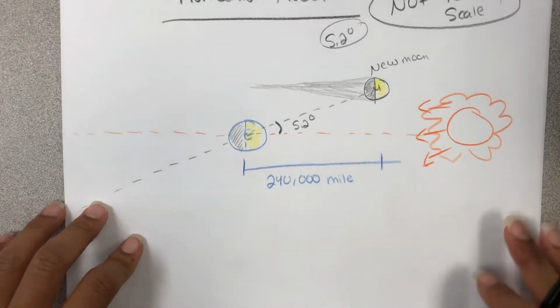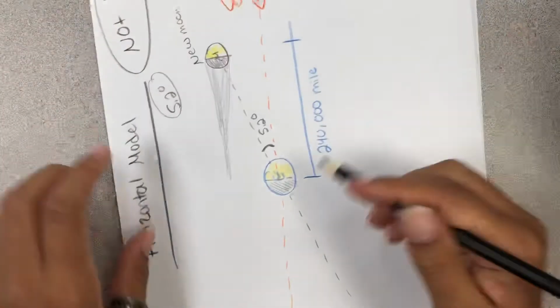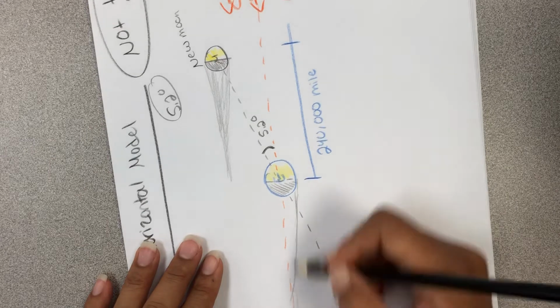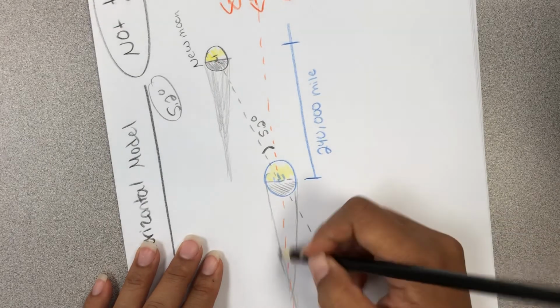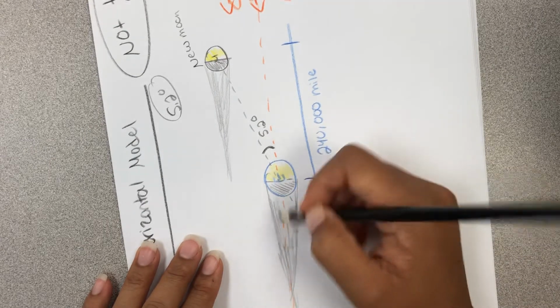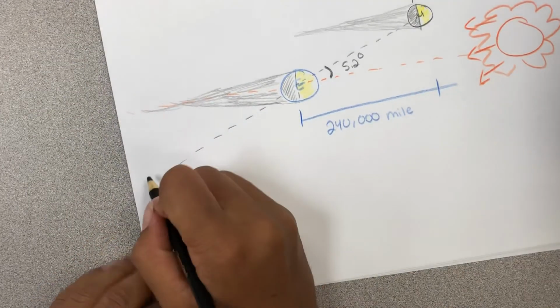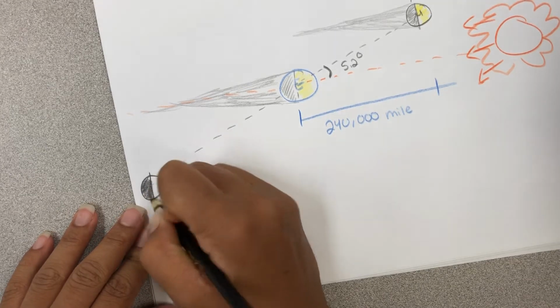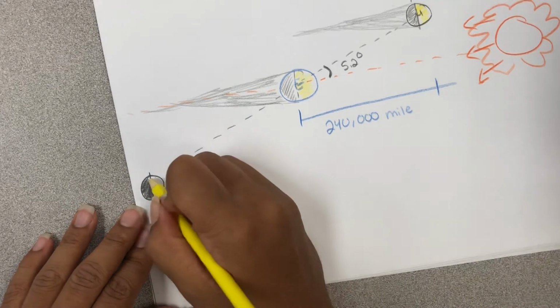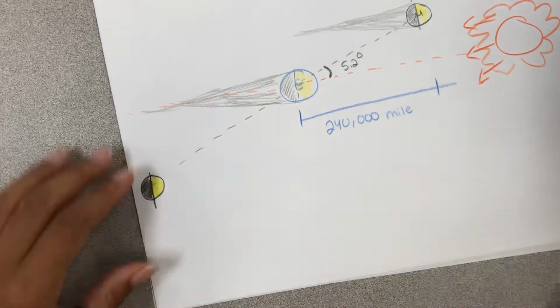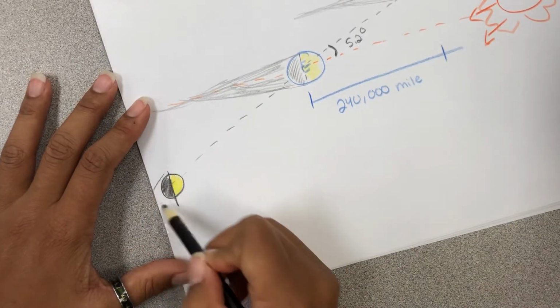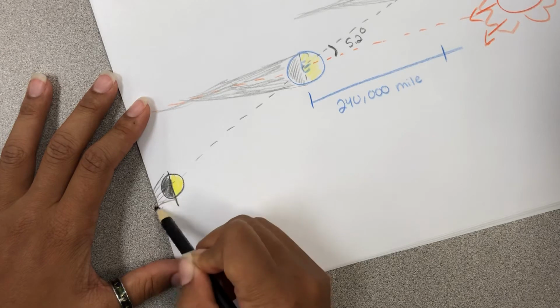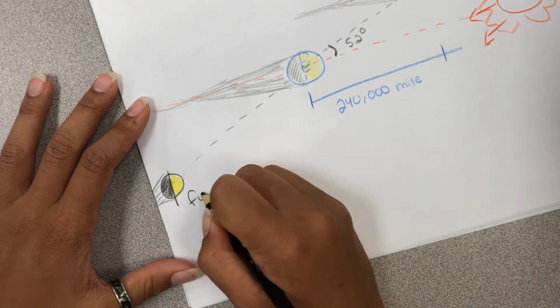There's the moon's shadow. And then you have Earth. Earth's shadow. Something like that. And then if the moon were down here, we're going to stay consistent. Moon shadow would be like that. And this is full moon.